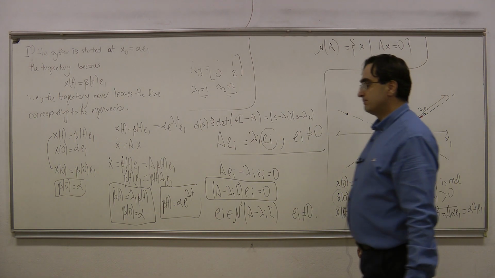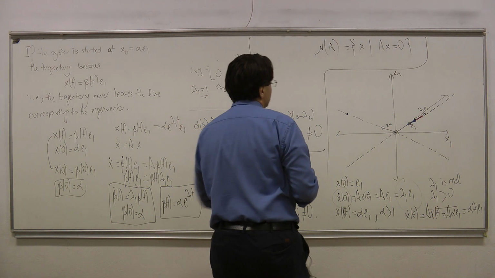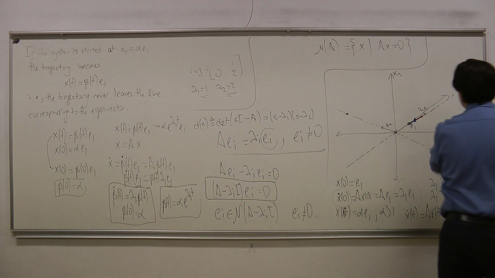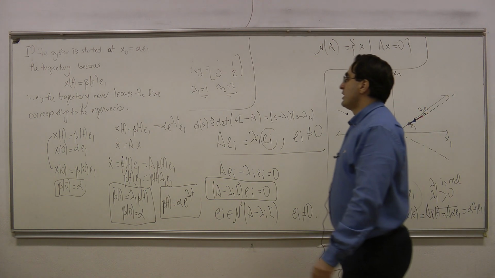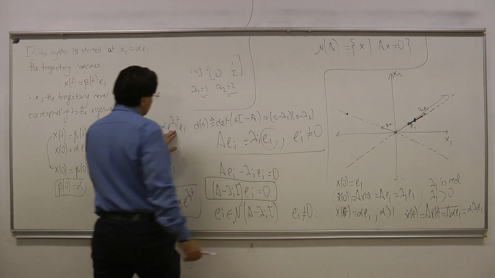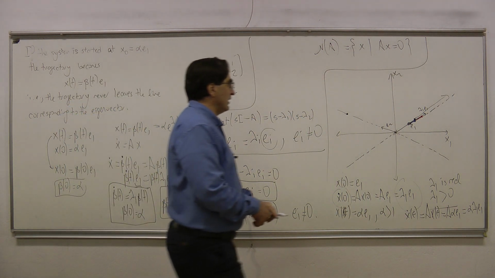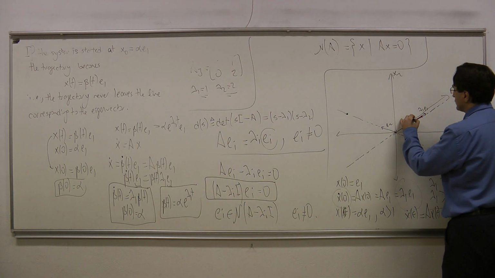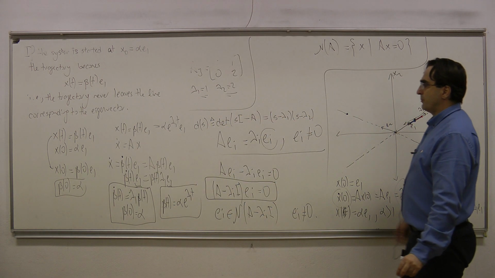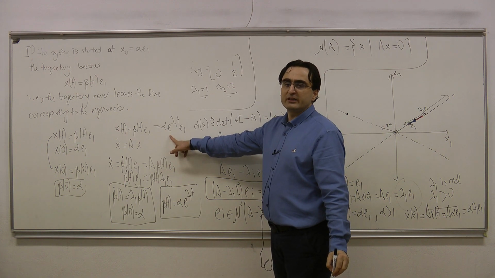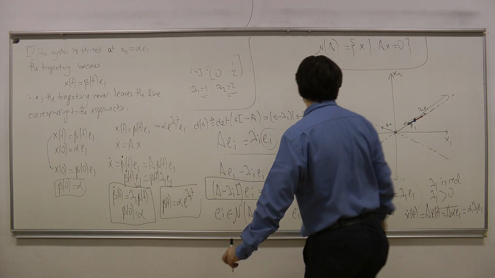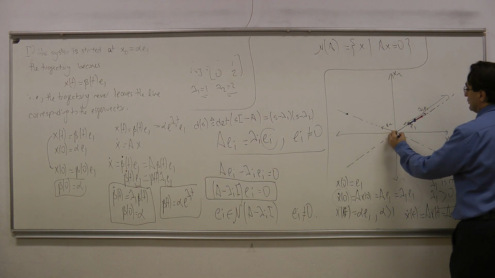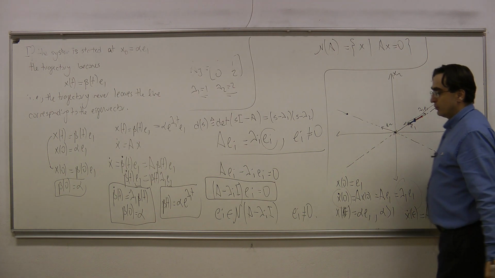The coefficient of E1 is going to get larger and larger. If lambda 1 is negative, the state is going to converge to 0, because this exponential is going to decay to 0, and at infinity we converge to the origin.